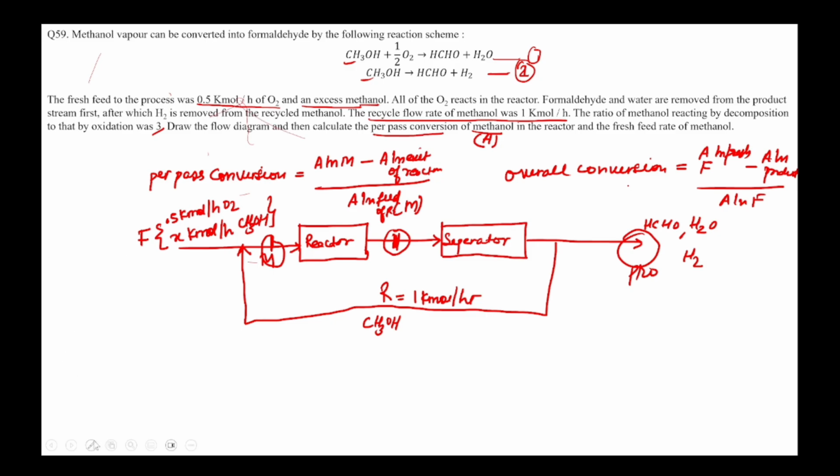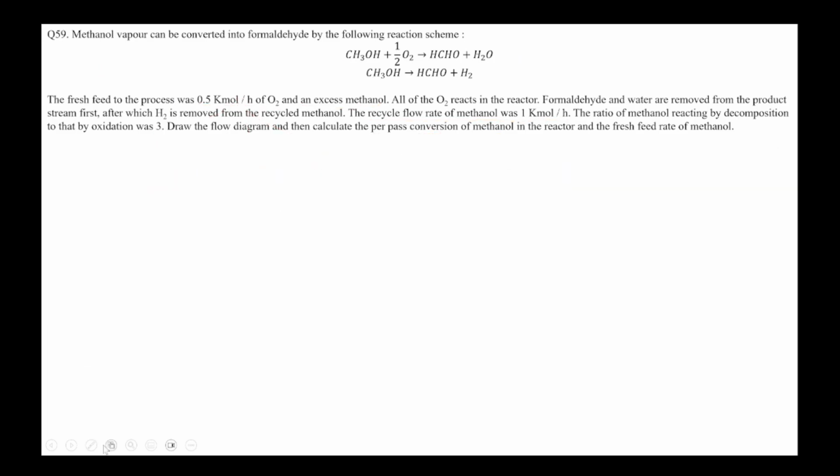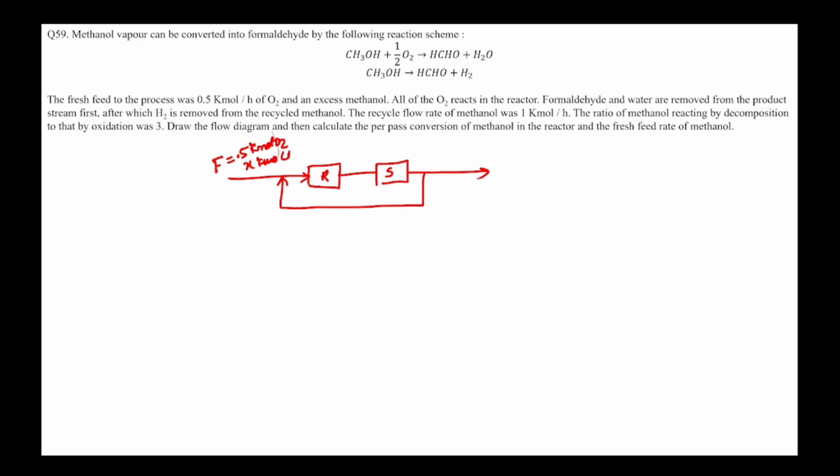Okay, so I will erase all this. Now I will write like this: reactor, separator, F, 0.5 kilomole O2, X kilomole CH3OH, R is equal to 1.